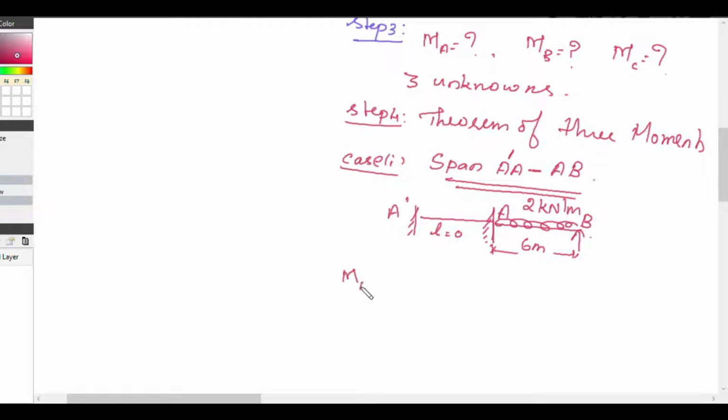M A dash into L naught by I plus 2 times MA, that is the intermediate support.